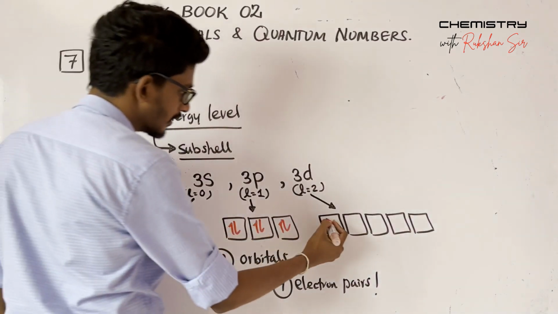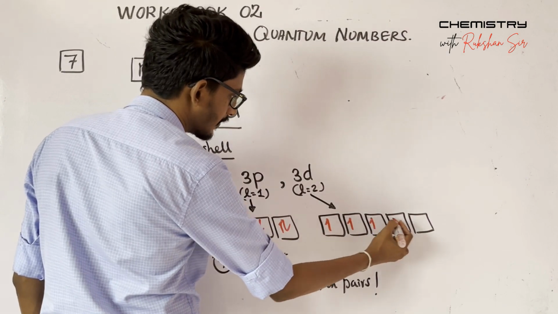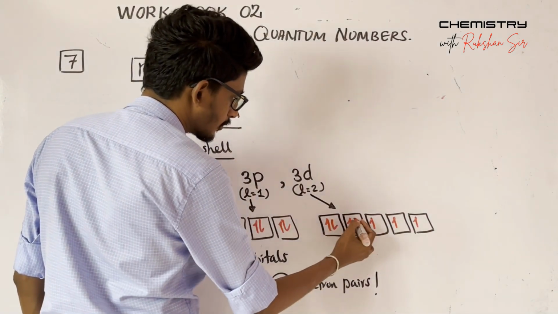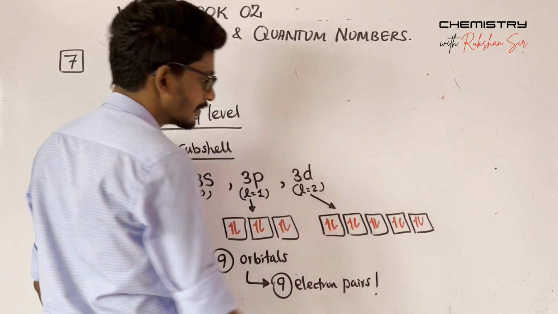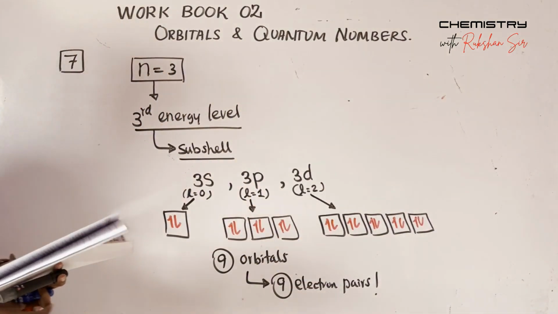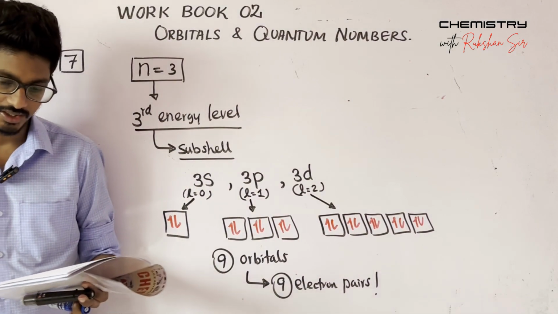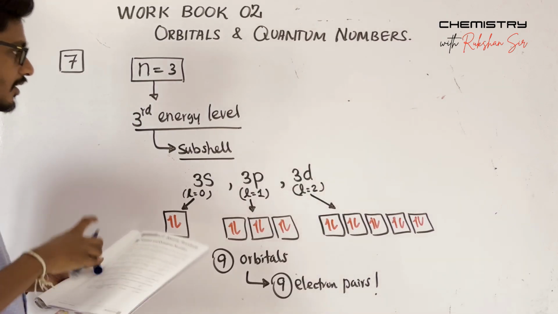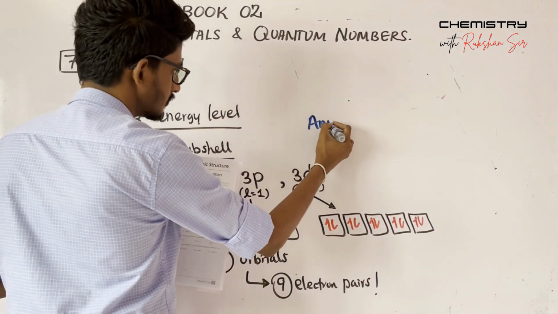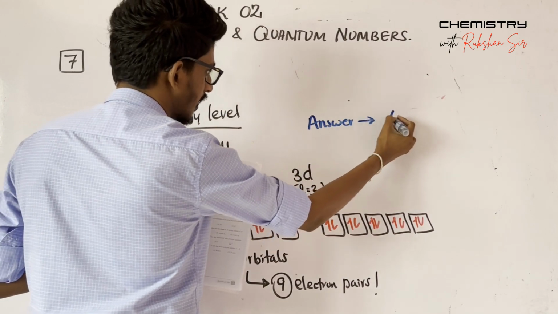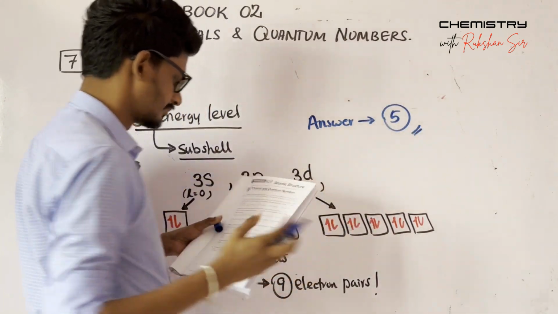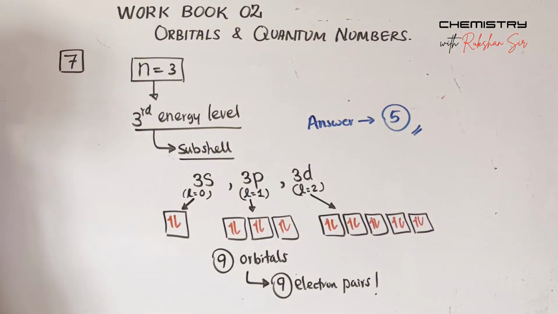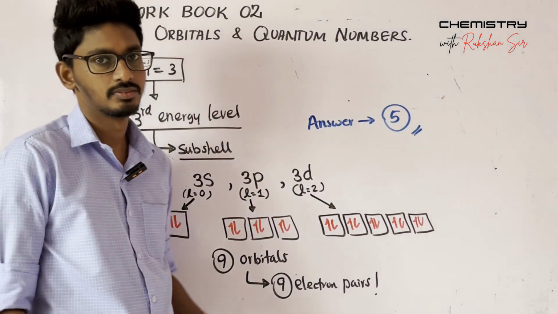So with 9 orbitals, you are going to have 9 electron pairs as the maximum. So the answer is going to be answer number 5. That is about question number 7.